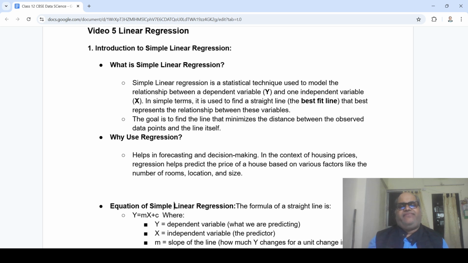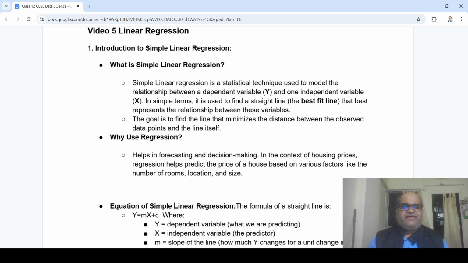One independent variable is very important, because the moment you have more than one independent variable, which is typically the case with most real world examples, there is a variation of it that we call multiple linear regression, that we'll see in the next video. So this is just for a very simple scenario where we talk about one independent variable, and that helps you get the outcome for the dependent variable that you have in mind.